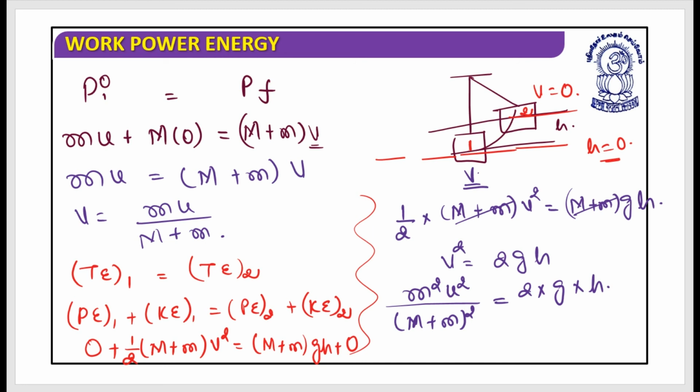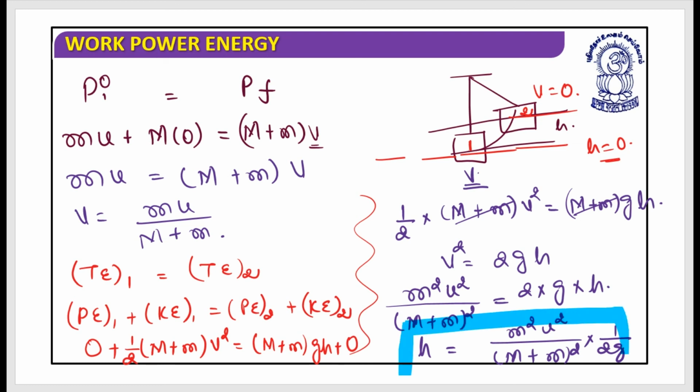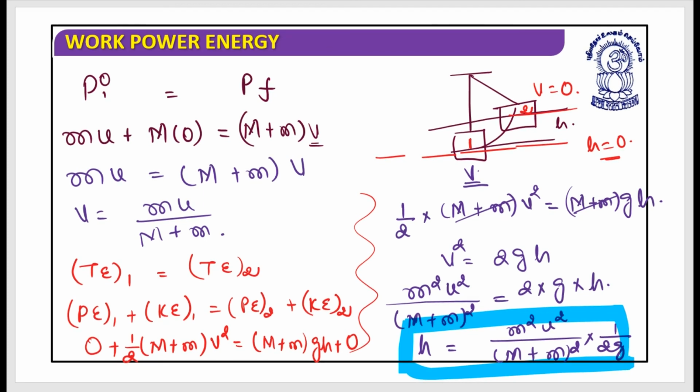So from this you get h, which equals m square u square divided by (m plus m) whole square, into 1 by 2g. This is the final answer, h. I hope this is clear.